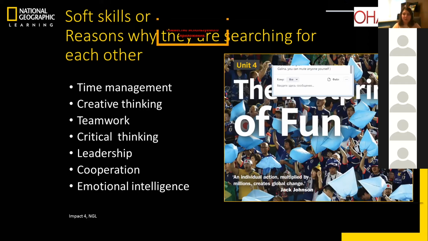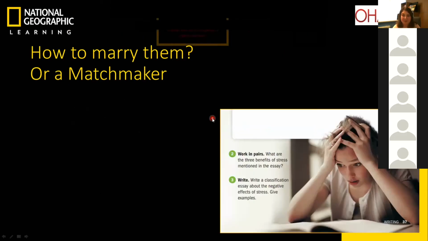Okay, good. So then you see Mr. Big, Miss Perfect, they are searching for each other. We know why and we know what can help. So then it's time to become a matchmaker. Some people can be desperate about that. You can see a picture of a girl.